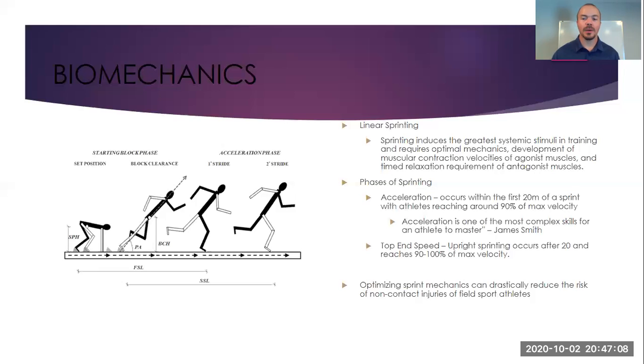That's just something to think about. Now, there's a school of thought that believes that by polishing and improving the top end speed, it will have a trickle-down effect into the other phases of the sprinting, or speed production, excuse me.